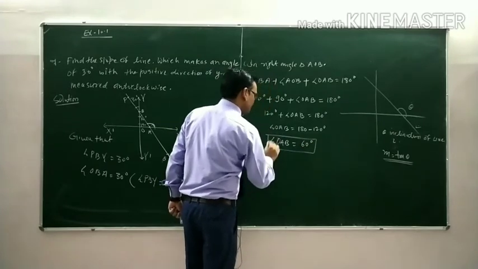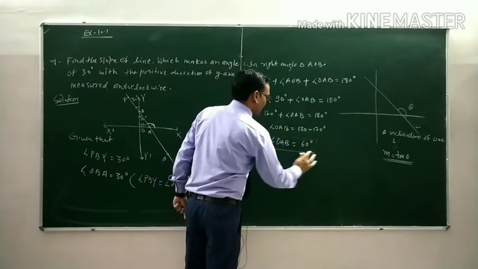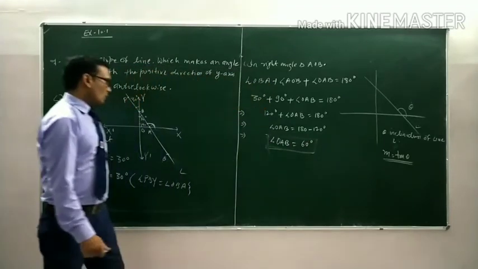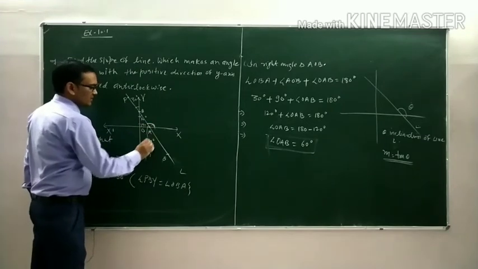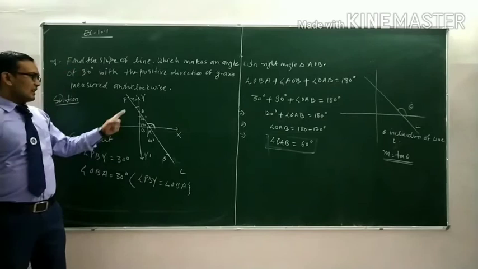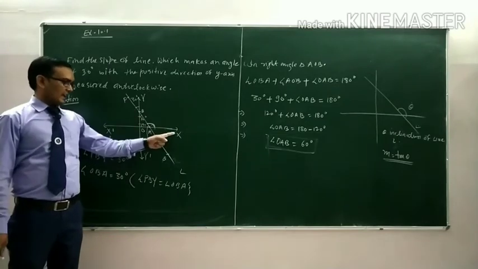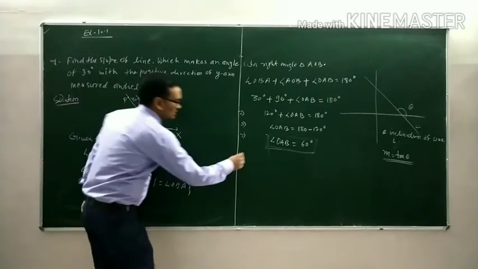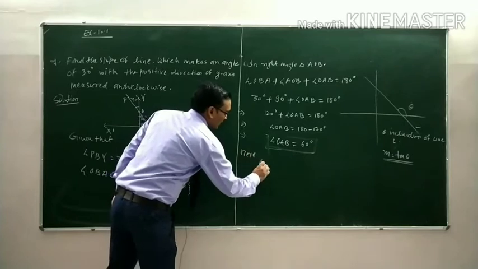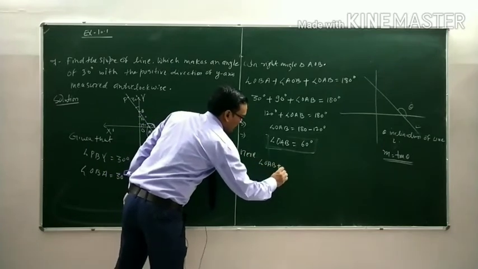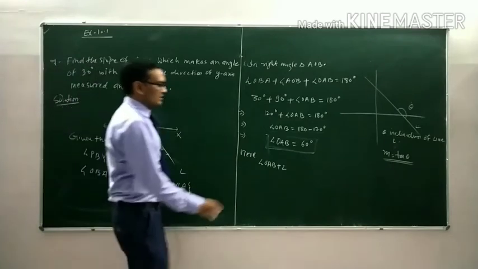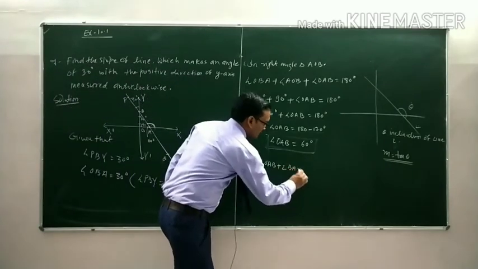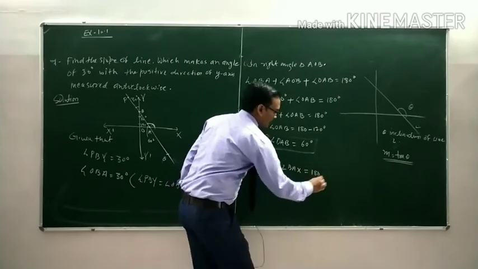Okay students, here angle OAB equal to 60 degree. Then we find the angle BAX. Here angle OAB plus angle BAX equal to 180 degree.